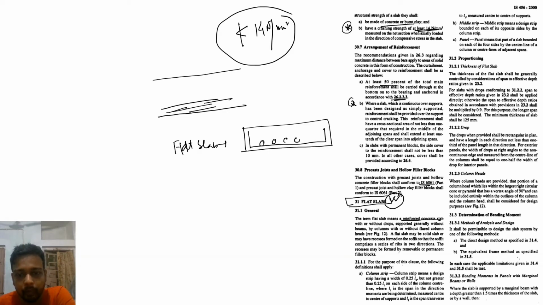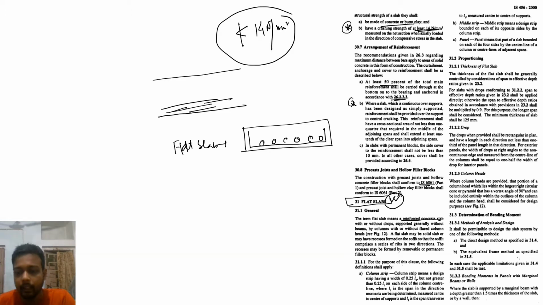So that we did the design for one-way slab, two-way slab. Basically, as per IS code, this is known as flat slab. Maybe there is some drop, may not be some drop.